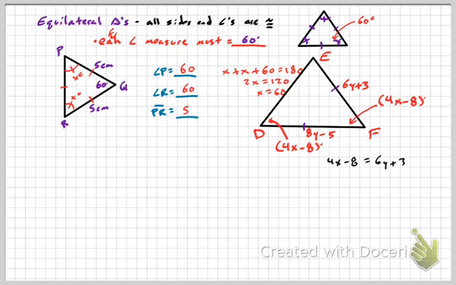Subtract the 4x, subtract 3. Looks like we're going to get some weird negative number here. So that would become negative 11 equals 2y, so y equals negative 5.5. I must have set up that equation wrong, guys, so that's how you would do it, but obviously we get into negative numbers. That's going to mess us up, but you guys get the idea.